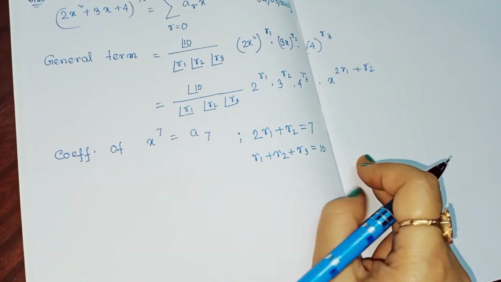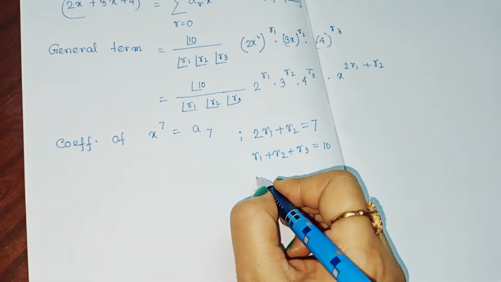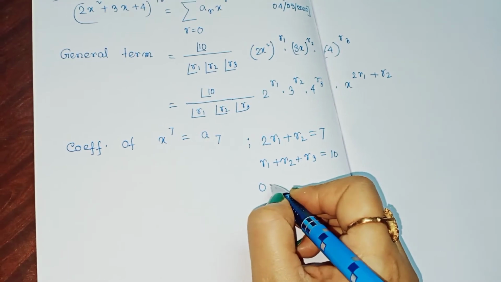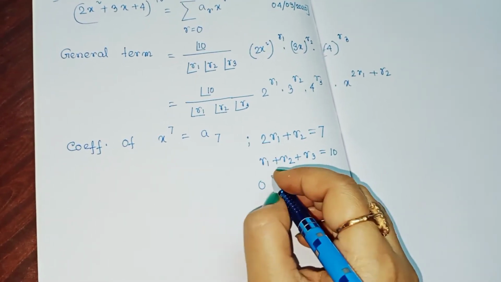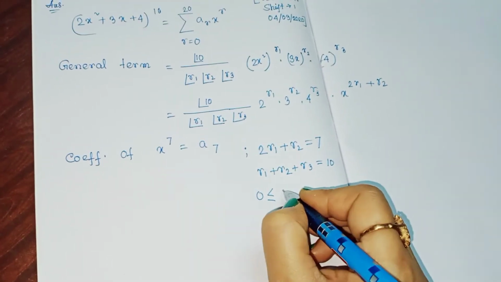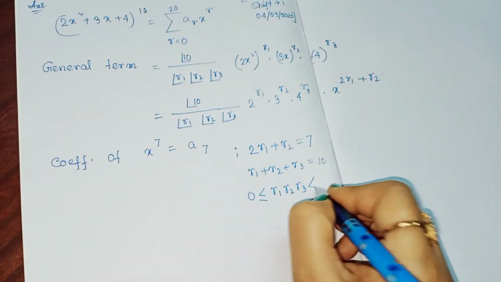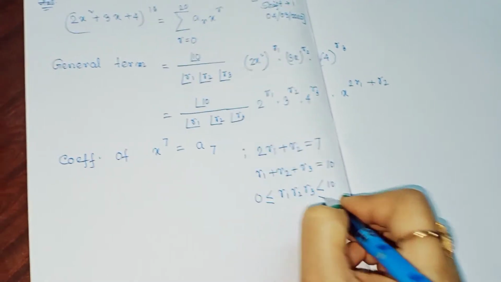And r1, r2, r3 lie between 0 to 10, so each is less than or equal to 10.